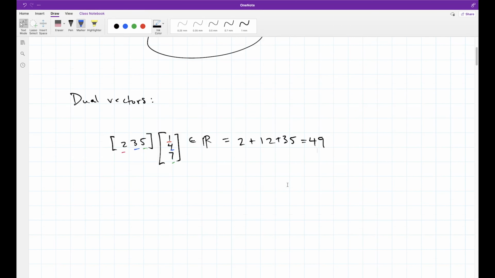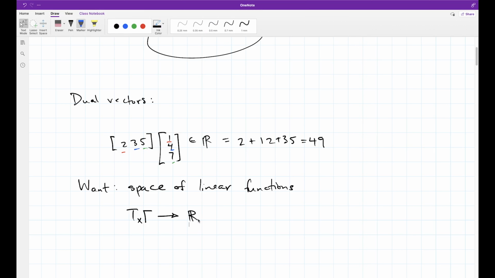Okay, so the key is that we have some linear function on the vector space that takes it to the real numbers. So what we want is the space of linear functions from Tx of gamma to the reals.